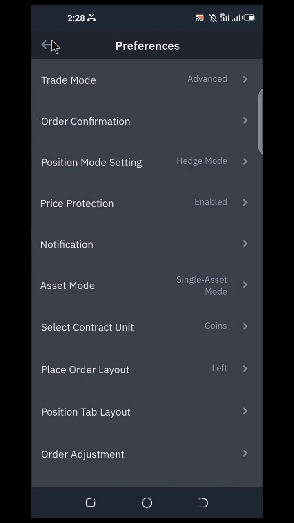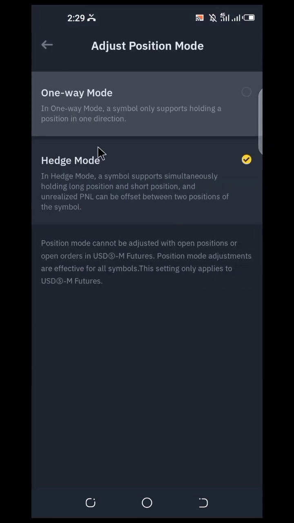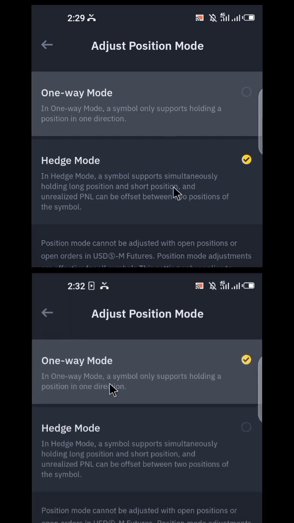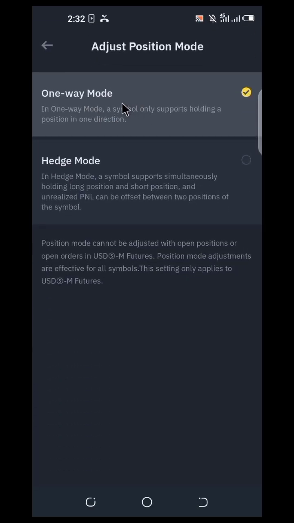And then the next thing is the position mode setting. Here we have the one-way mode and we also have the hedge mode. One-way mode allows you to open a position in one direction, and the hedge mode allows you to open both short and long positions at the same time.